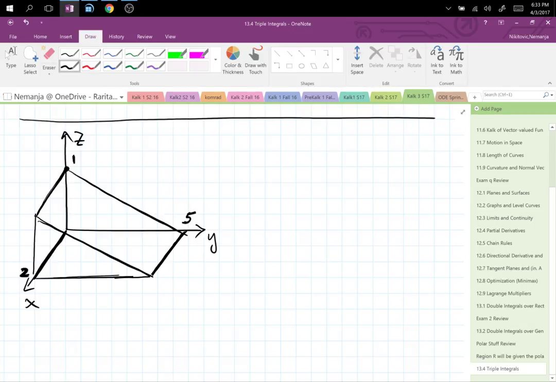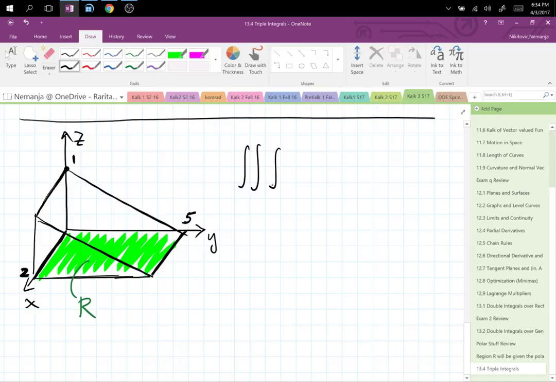Cool. So what do I have? I have a shape that I need to find the volume for, and I have my region R. This base here is region R. Now we see that it is a rectangle, so at least on our setup that's going to be easy, right?